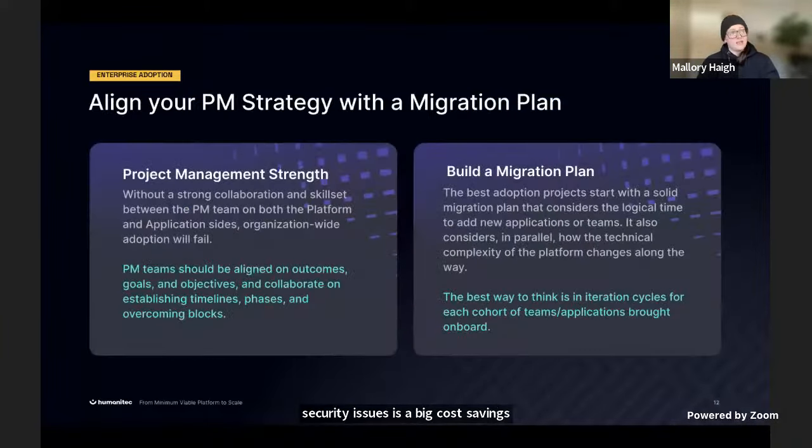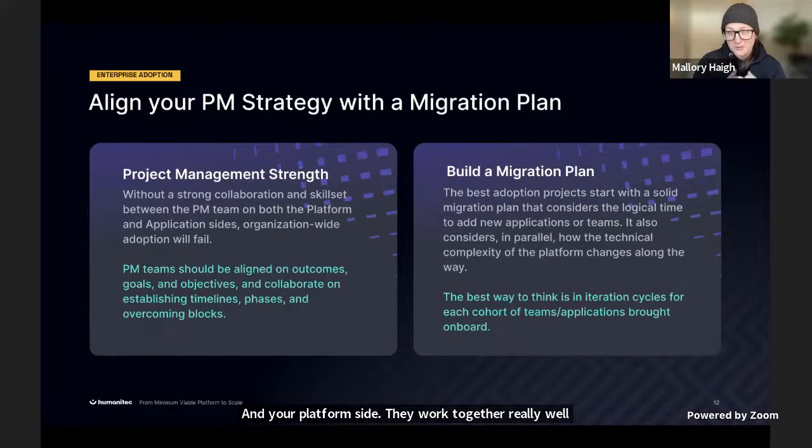One of the other things that I mentioned is that your PM strategy needs to be aligned, and it also should be aligned with your migration plan. So having project management strength means that your teams on both sides, so let's say your application side and your platform side, work together really well. If you don't have alignment here, you will fail.